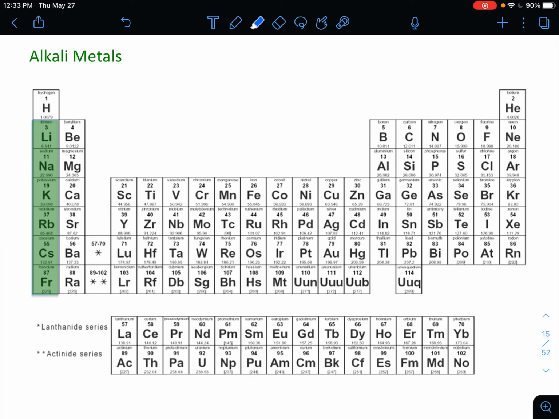I think those are the only ones that I really use the group name for, so it's convenient to get these names in place so we can refer to them by these names rather than try to list the elements each time. Okay, so to start out with, this far left column, which has lithium, sodium, potassium, etc., these are all called the alkali metals.